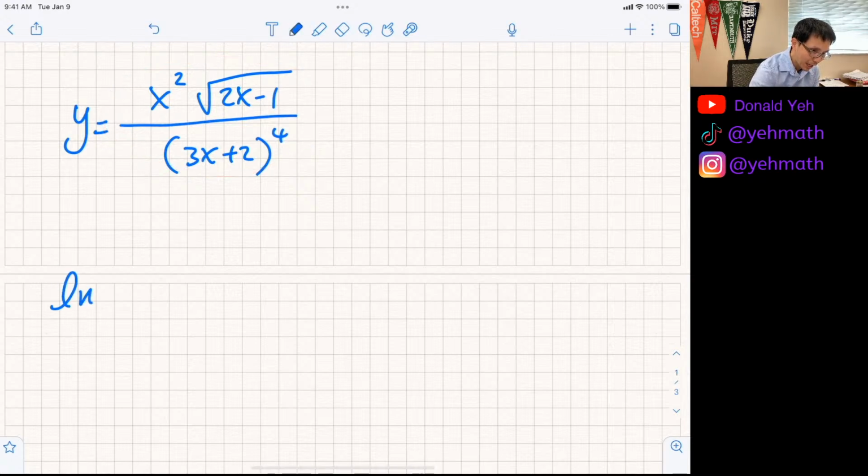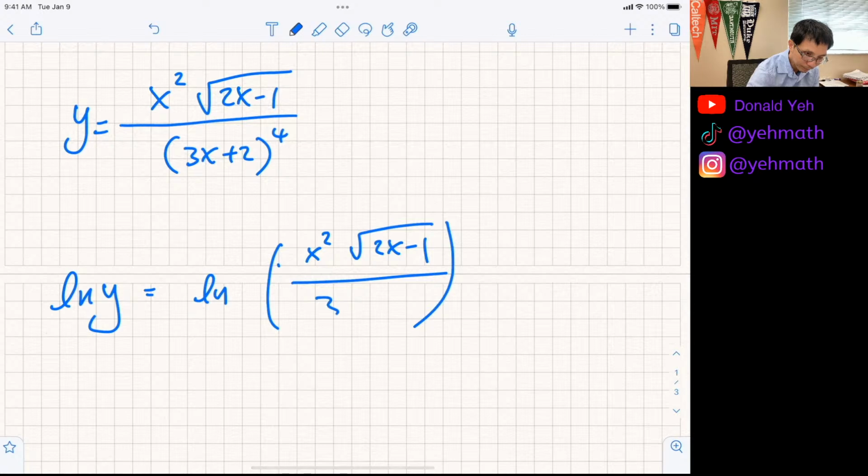I'm just going to do natural log of y equal to natural log of, and everybody last year always screwed up this question. So you take natural log of both sides.